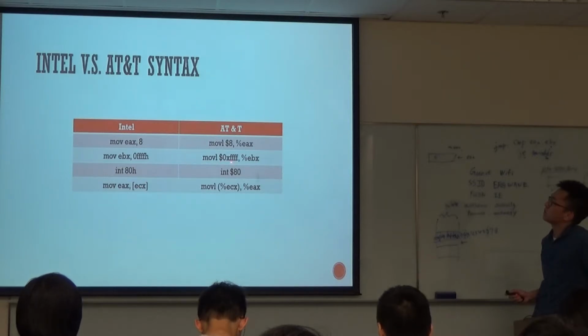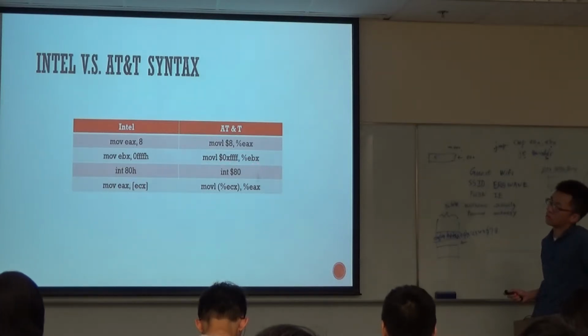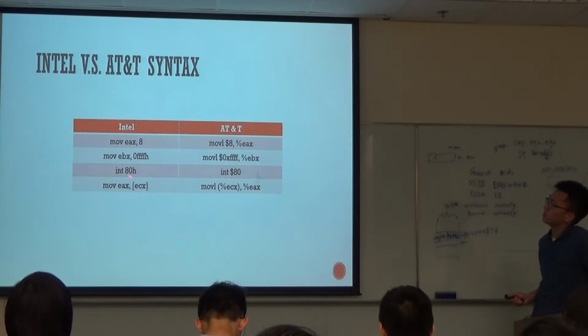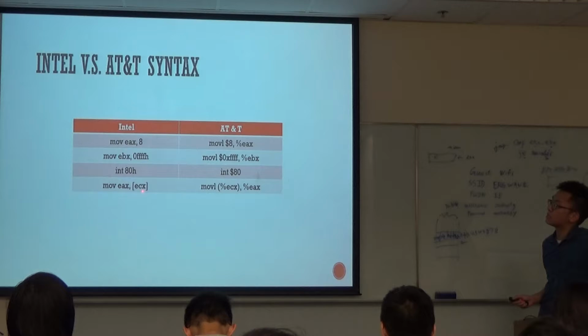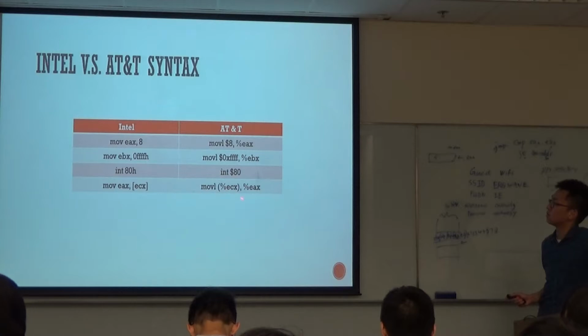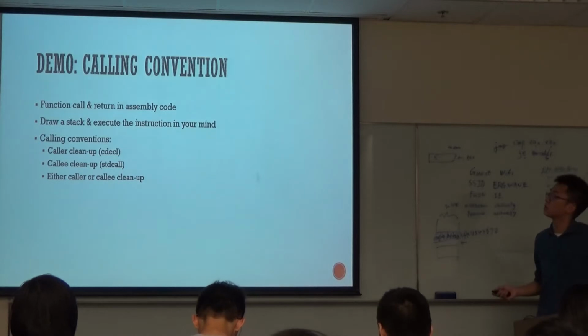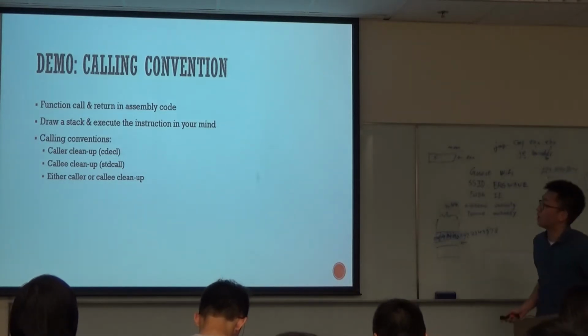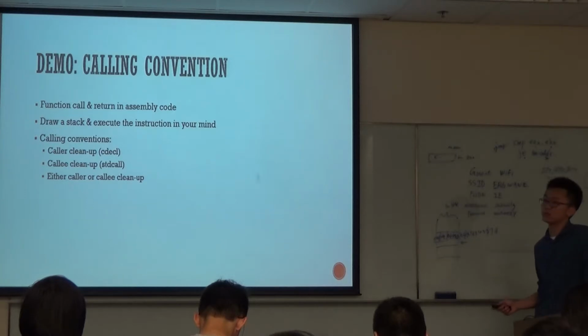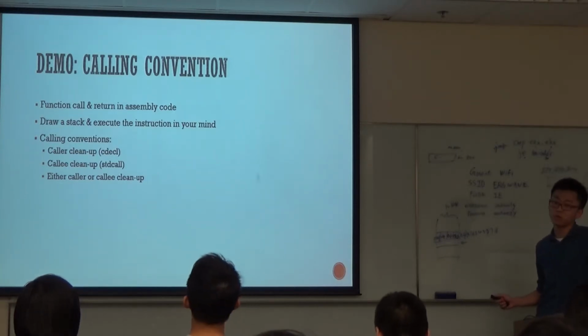And this moves FF to EBX register. Int 80 means system call. And it moves the content at address ECX to the register EAX. Here the same. Calling convention. I'll show you how functions are called in assembly code.